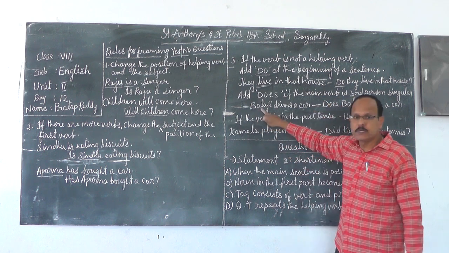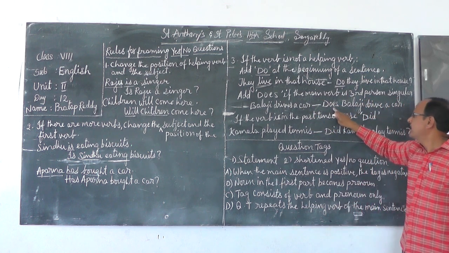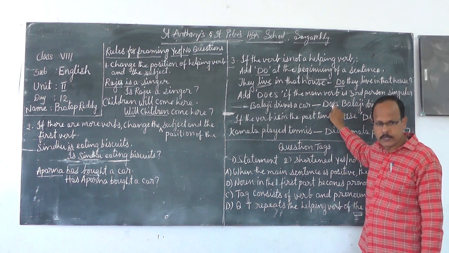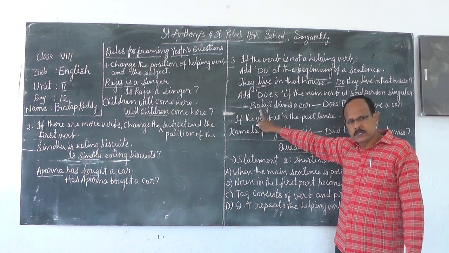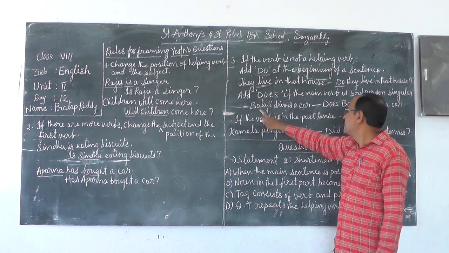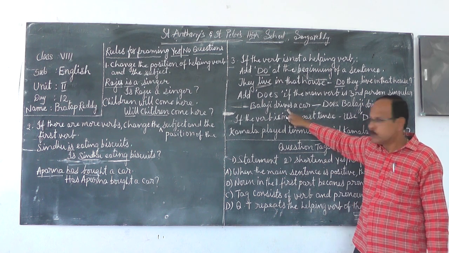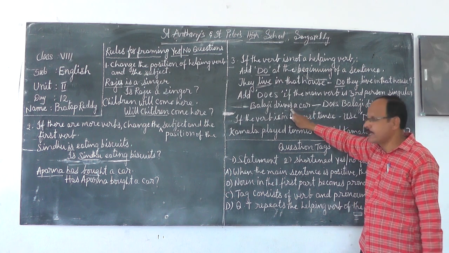So if it is third person singular, what should we do? We should begin the question with the word does, because the subject is third person singular and s is added to the main verb. Balaji drives a car. Drives, this s is added.